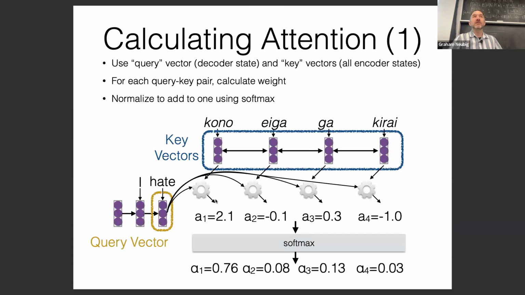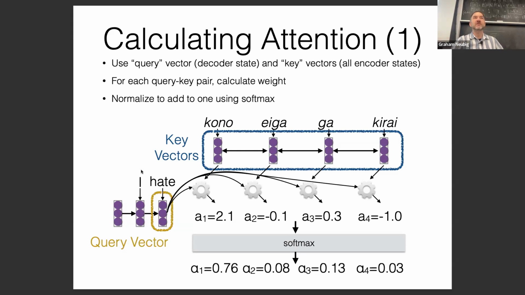One other thing that I forgot to mention on this slide that's very important is that this function is the same function regardless of the query and key vectors that you feed in. So it has to be a function that takes in one query vector and one key vector. The reason why is the same reason we use the same function at every time step for RNNs, right?